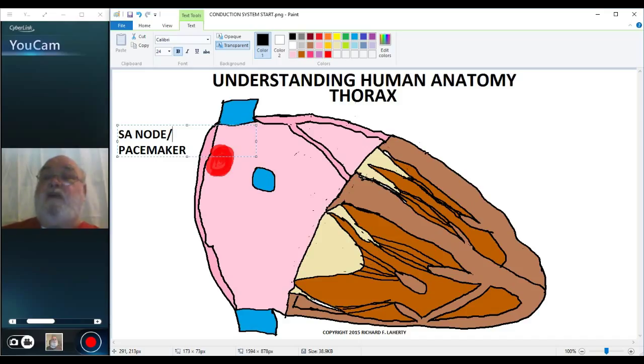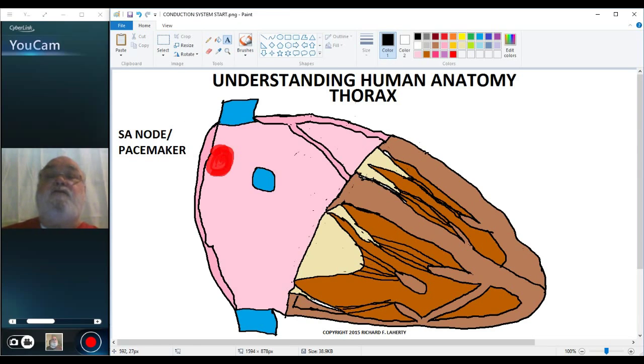It's a structure that's actually derived from the primitive sinus venosus. So that's why it's sinoatrial. That part of the sinus venosus becomes incorporated into the right atrium. So this is the starting point.